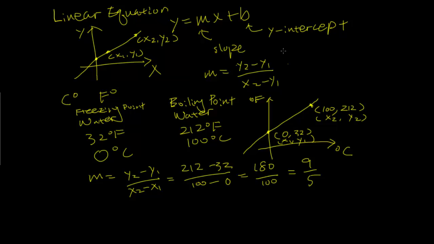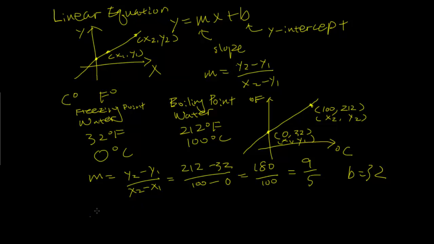So this is m, or the slope. The y-intercept, b, would be the value of y where the line crosses the y-axis, which in this case is 32.